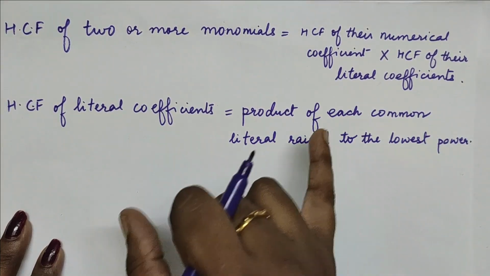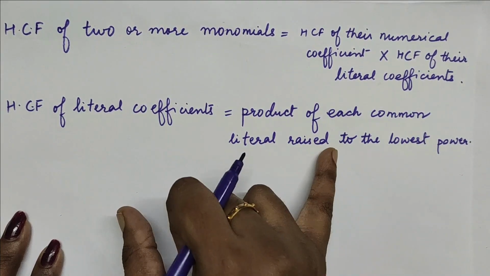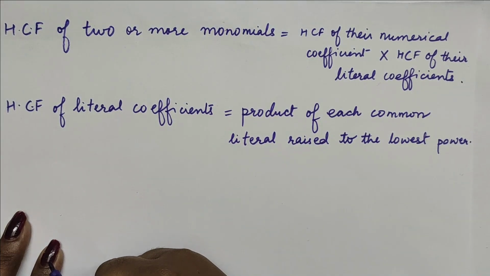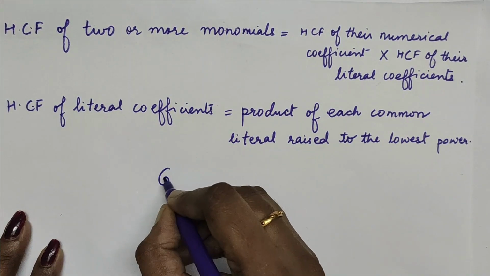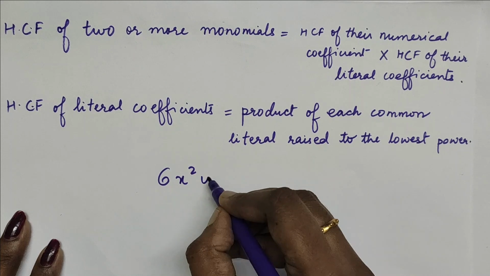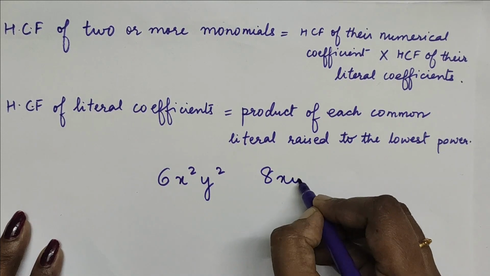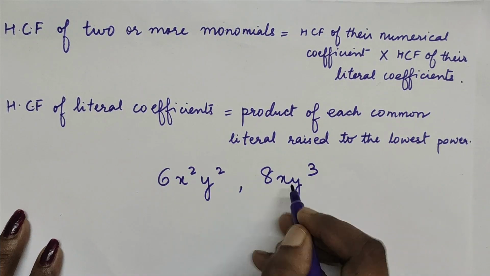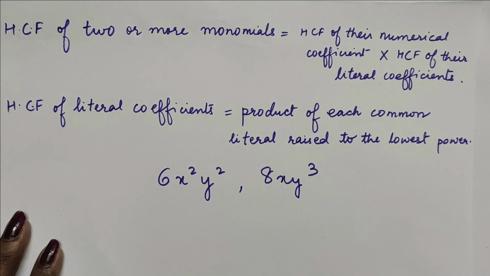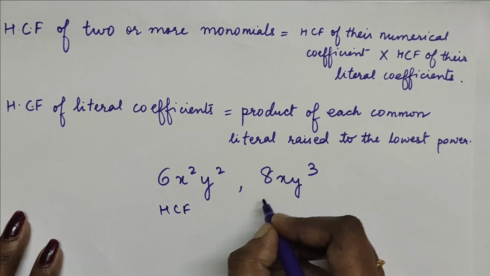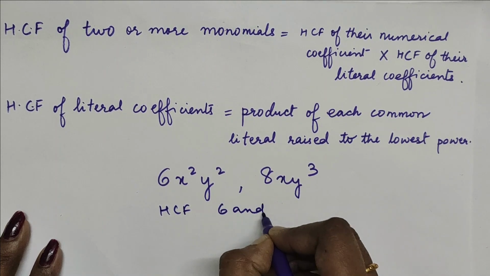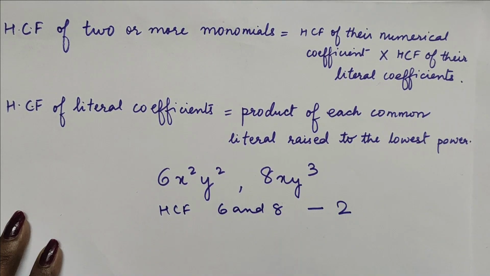It will be the product of each common literal raised to the lowest power. For example, if we have to find the HCF of these two terms, out of 6 and 8, what is the HCF of 6 and 8? You know it is 2.